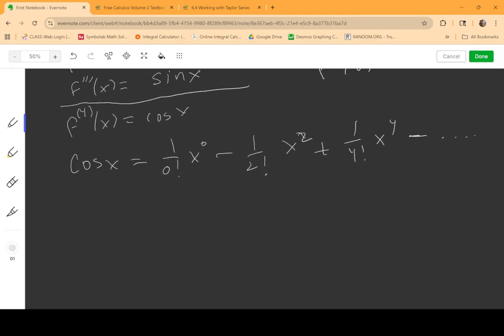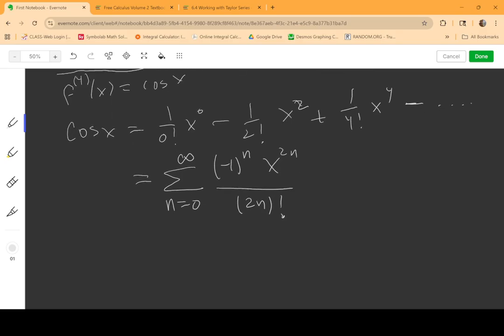And now in its general form, the series notation, I can write this as the sum from n equals 0 to infinity of negative 1 to the n, x to the 2n over 2n factorial. So that is our Taylor series expansion.